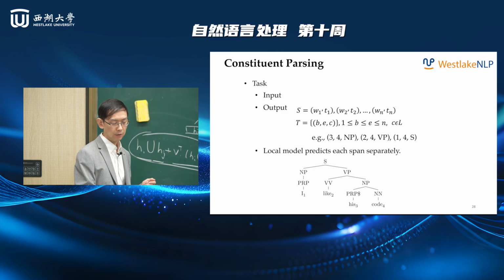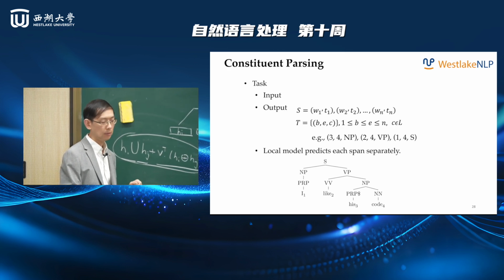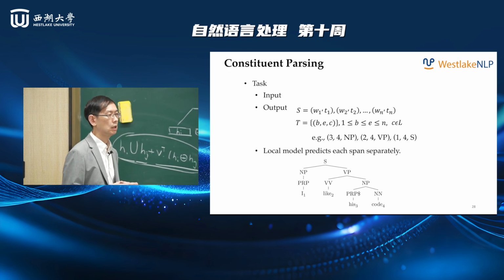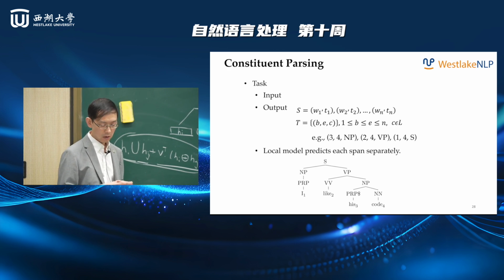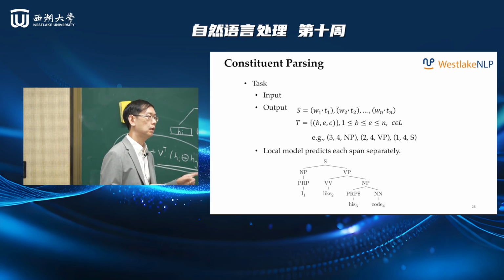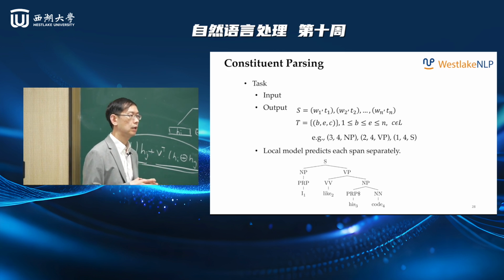So I can use 3, 4, and NP to represent the span, where 3 is the beginning index, 4 is the ending index, and NP is the label. So similarly, we have 2, 4, VP, right? And we have 1, 4, S. And this way, we're able to break a hierarchical tree into individual spans. And the goal is to predict the set of spans, B, E, and C, beginning, ending, and constituent label, okay?